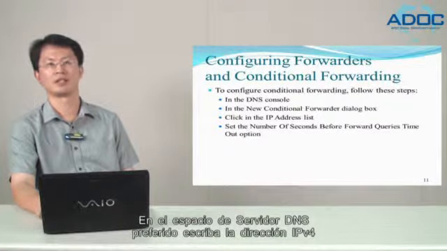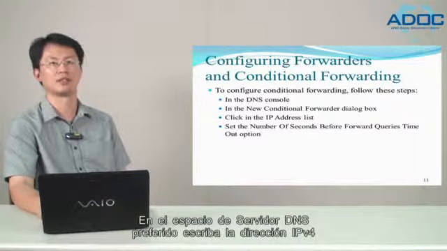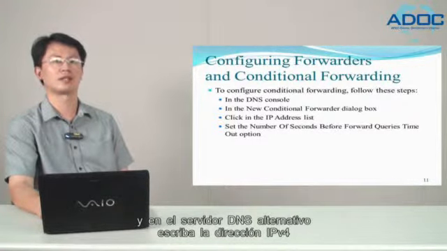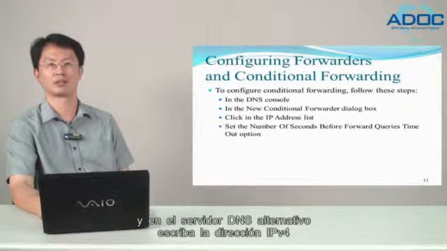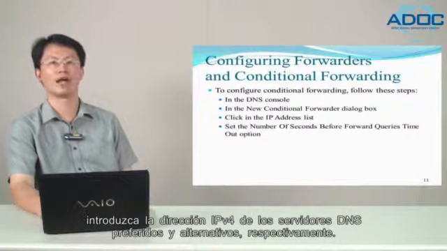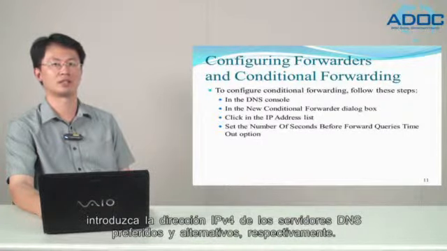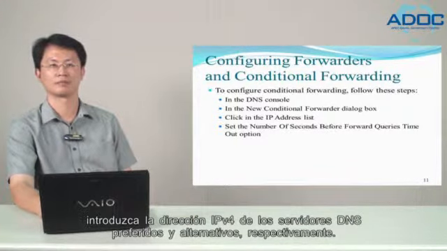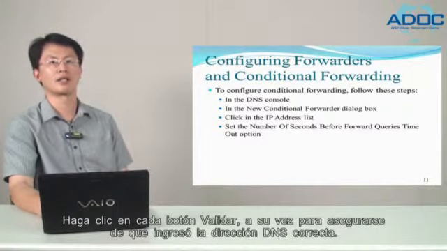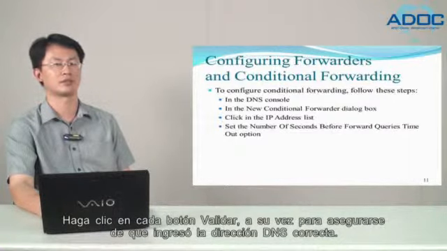In the Preferred DNS Server IPv4 Address and Alternate DNS Server IPv4 Address text boxes, enter the IPv4 address of the preferred and alternate DNS servers, respectively. Click each Validate button in turn to ensure you enter the right DNS address.